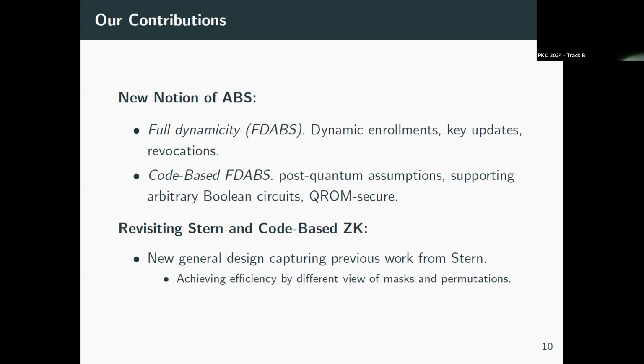This construction is post-quantum and supports arbitrary circuits. It is also secure in the quantum random oracle model. The second contribution is revisiting Stern protocol for code-based cryptography. We provide a new framework for capturing previous works of Stern, and we also achieve good efficiency for the mask and the permutation used in the protocol.